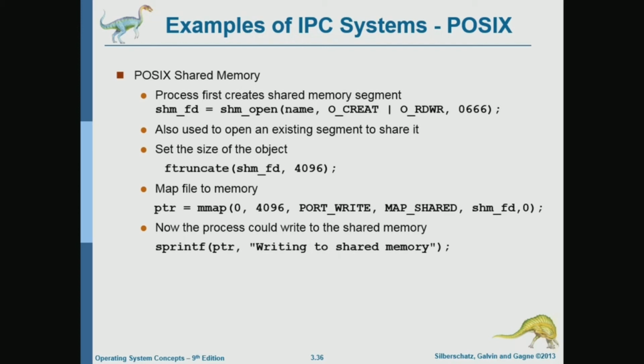There is a shared memory file descriptor that gets returned by this API. This is what you pass to ftruncate, and this is what you pass to map. So this is saying, okay, map 4K of this buffer into this pointer, and this is the file descriptor, and I need this buffer to be writable.